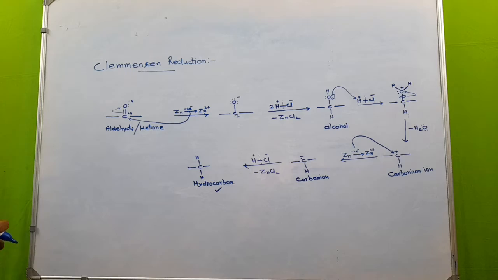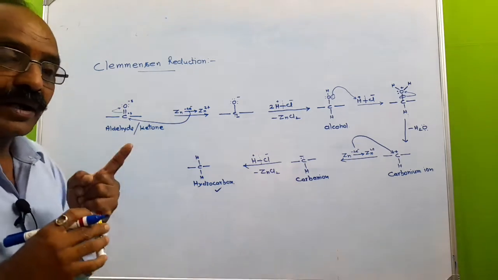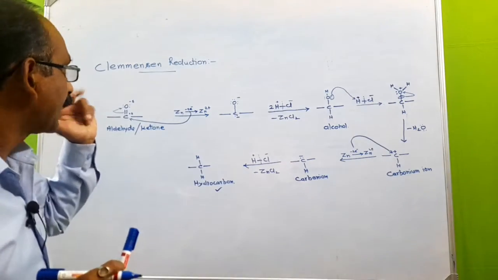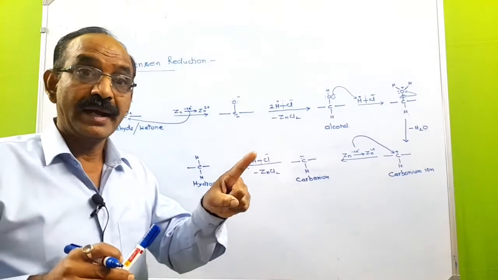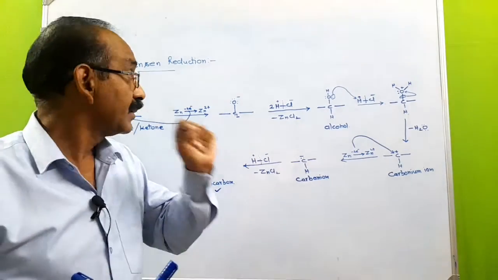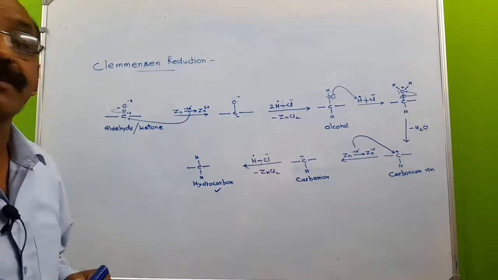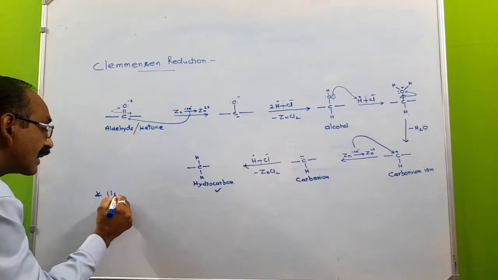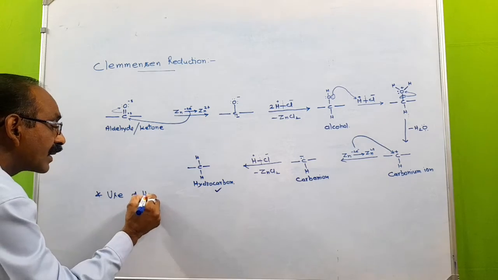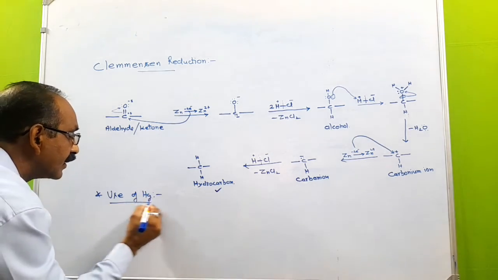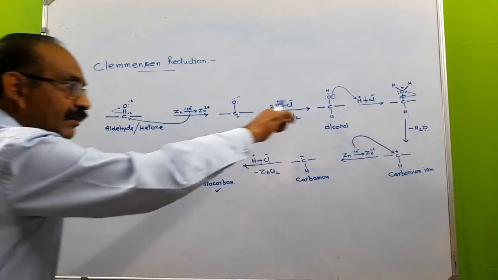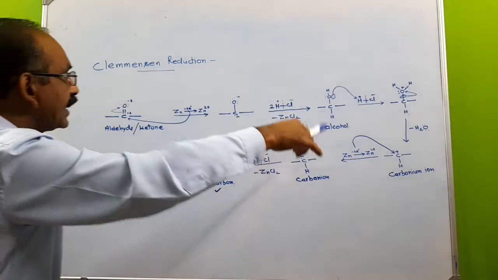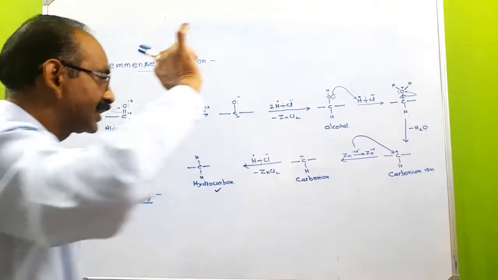Now see, here we are taking the zinc amalgam and concentrated HCl. Now what's the use of the mercury? So remember, here we'll discuss the use of mercury. Why are we taking mercury here? As in the mechanism, only zinc and HCl are used.